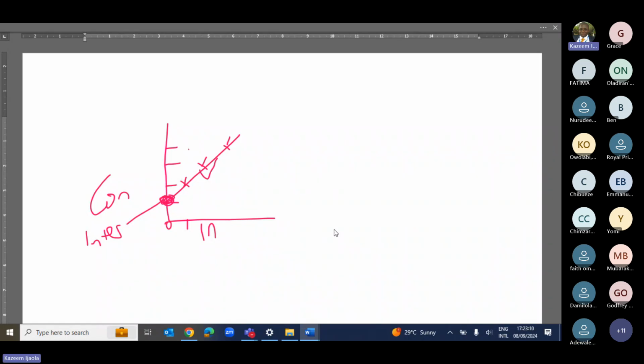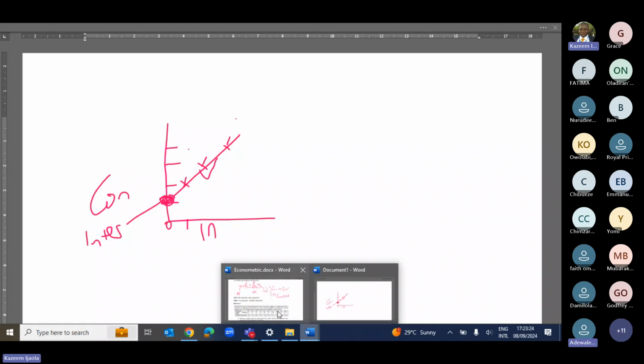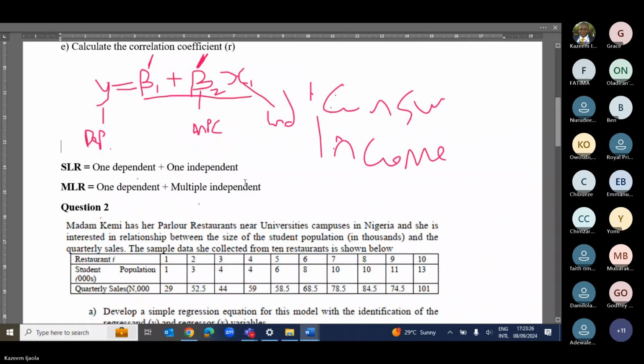Okay, no, you should not cram. Look at it: which one depends on which one? It is your consumption that depends on income. Is that not so? Yes. Y should be depending on X.